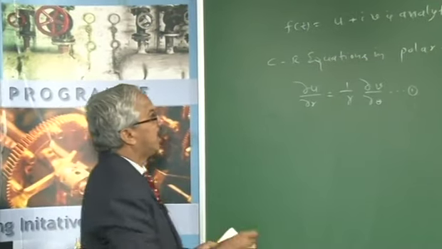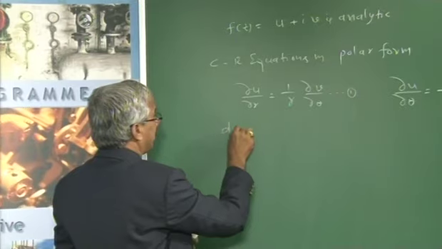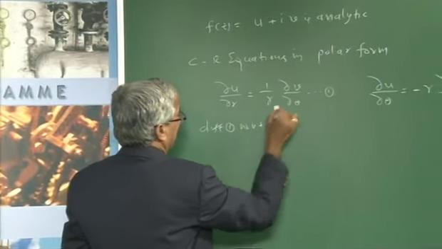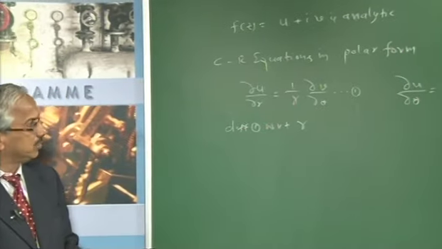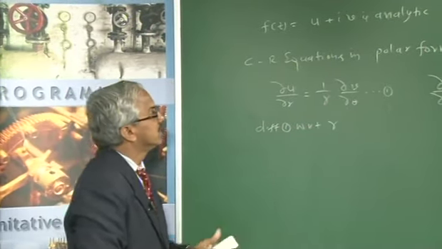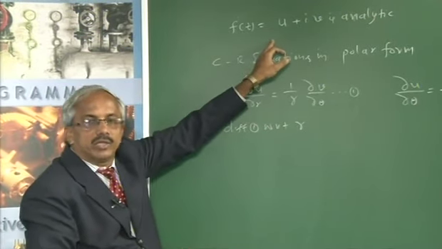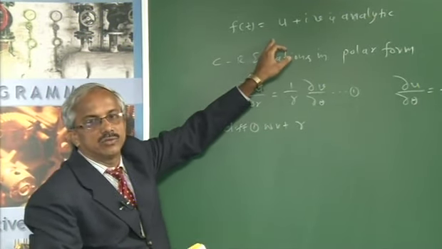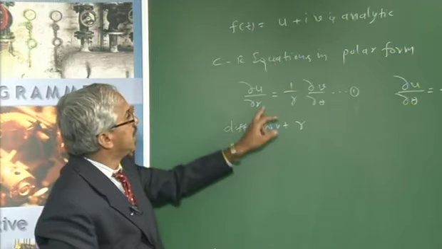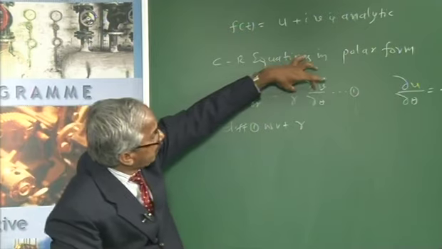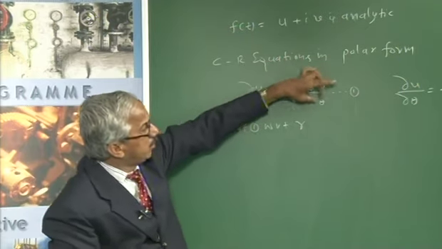For this, I differentiate equation 1 with respect to r. Here also, since u and v are functions of r and theta, their corresponding derivatives are also functions of r and theta. Here we are differentiating with respect to r, therefore you have two terms, 1 by r and dou by dou theta.